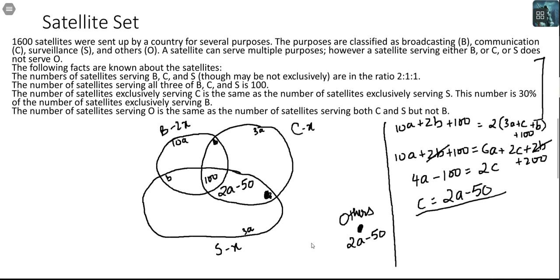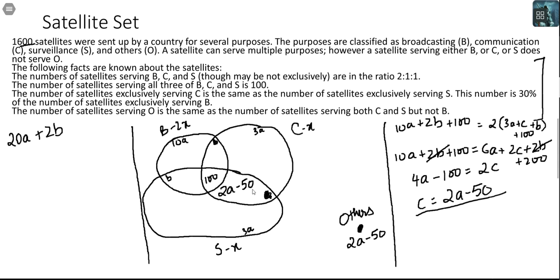The other thing that I know of is all the satellites together add up to give me 1600. So let me record that information. Let's see how many A's I have. 10A, 3A, 2A, 3A, 18A plus 2A. So 20A in total. How many B's do I have? B and B plus 2B. 20A plus 2B. Plus 100 minus 50 minus 50.